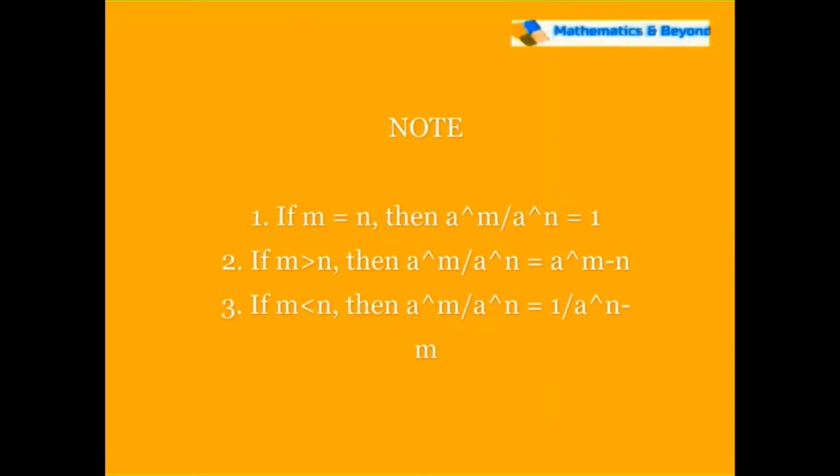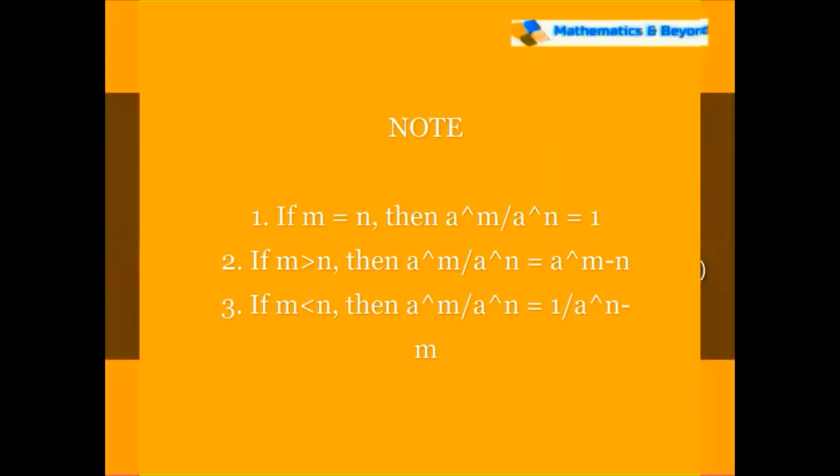Second, if m is greater than n, then a raised to the power m divided by a raised to the power n is equal to a raised to the power m minus n. Third, if m is smaller than n, then a raised to the power m divided by a raised to the power n is equal to 1 by a raised to the power n minus m. Why have we done this? Because to bring it into a positive form.